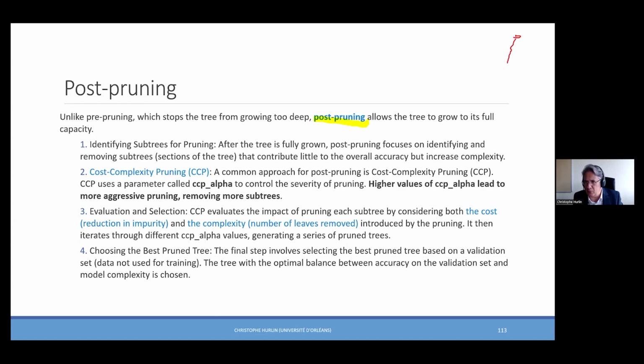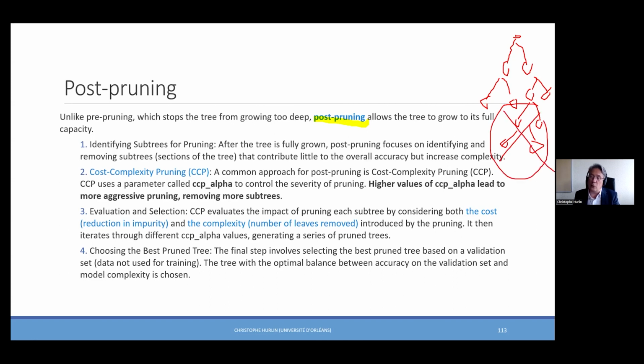If I put no constraint, in most cases I will have a very complex decision tree with many nodes, etc. And then we will see if it's possible ex post to improve this model by cutting some parts.